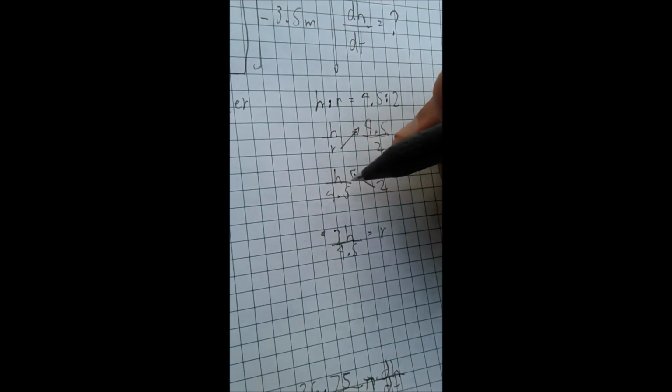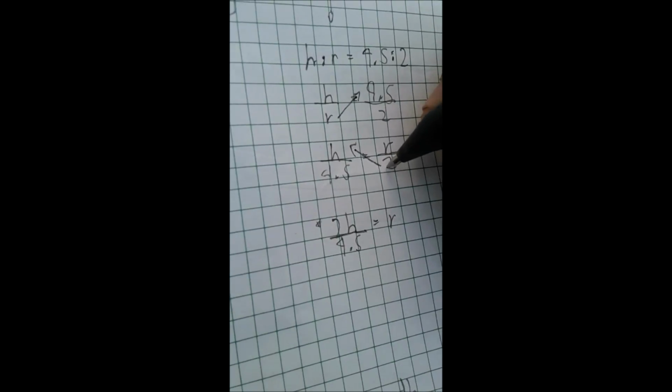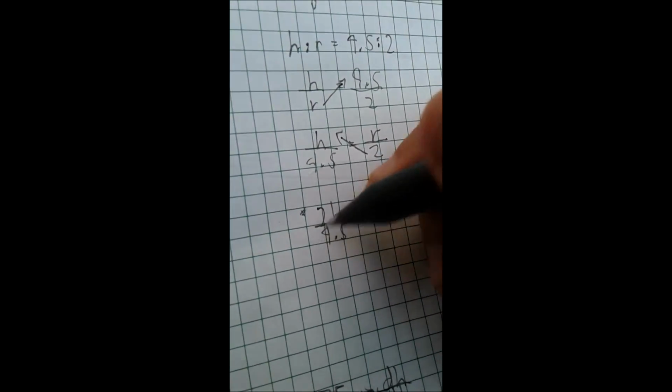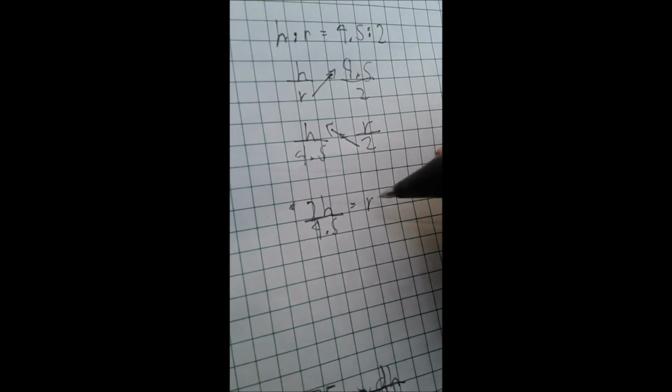Exchange it, so it would be h over 4.5 is equal to r over 2. The 2 should be moved to the other side because 2 is not applicable with r; they are not both variables. So, it needs to arrive at the answer of 2h over 4.5 is equal to r.